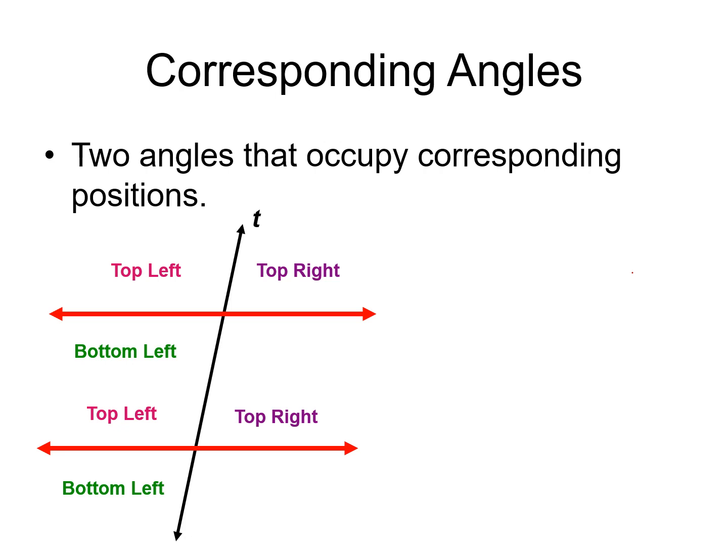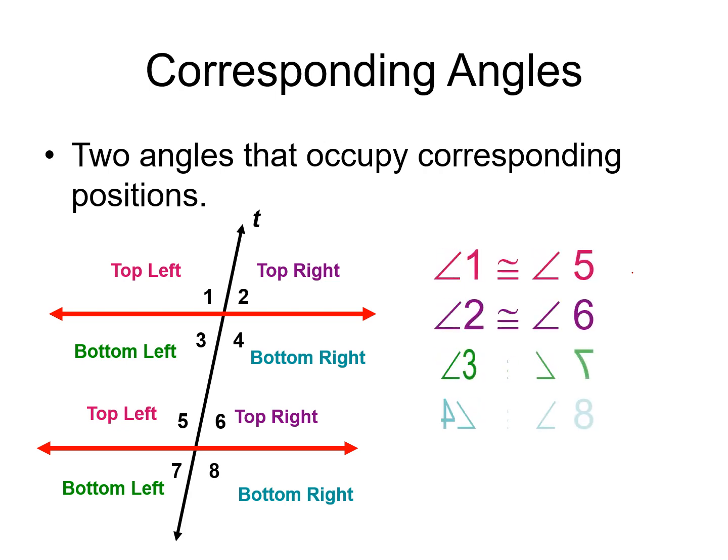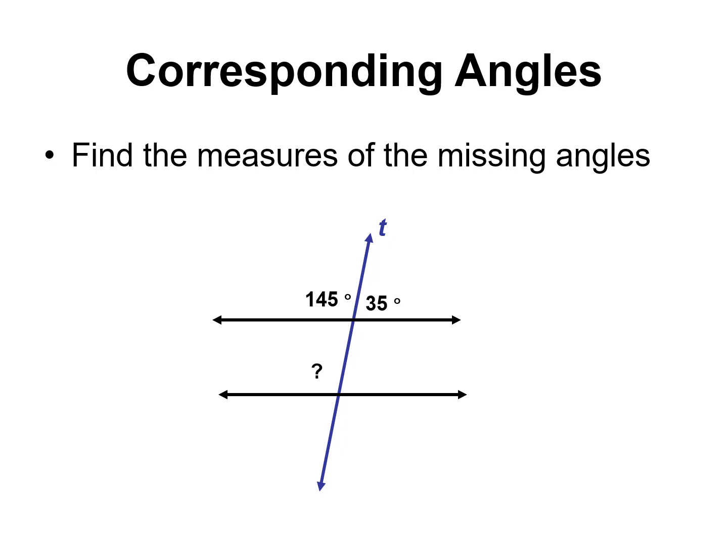Bottom left is always congruent. These angles are known as corresponding angles, and here we can see that 1 is corresponding to 5. That means 1 is congruent to 5, 2 is congruent to 6, 3 is congruent to 7, and angle 4 is congruent to angle 8.